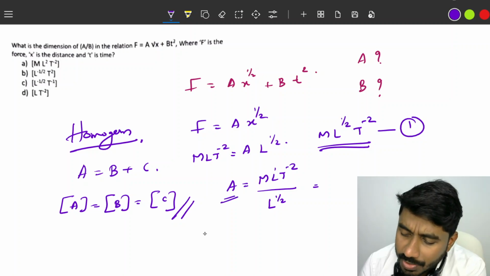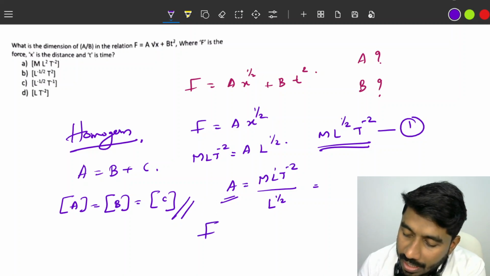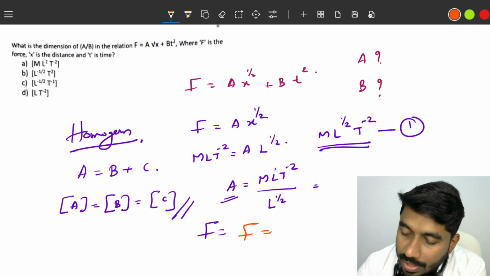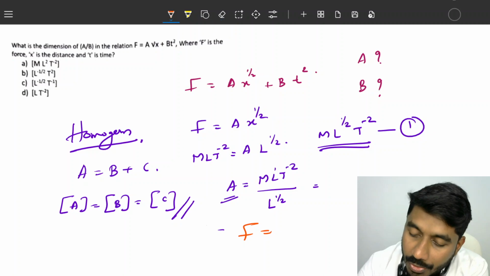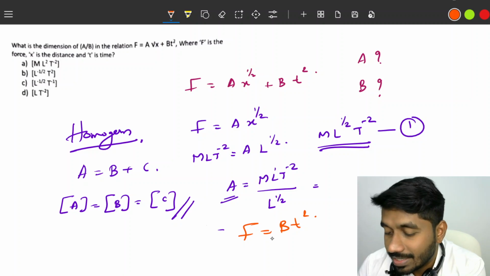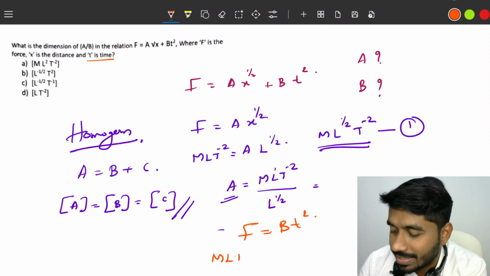How? Yes, use the same thing here. We can take F equal to, I will change the color at this time, F equal to B into, what is t square, right? T is the time given in the question. So we can write M L T raised to minus 2.